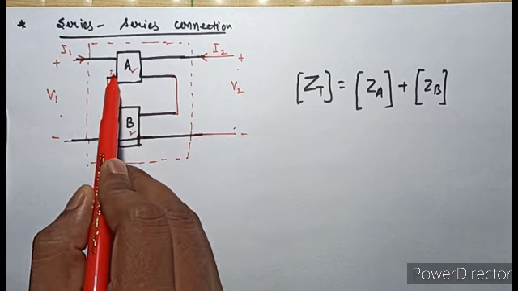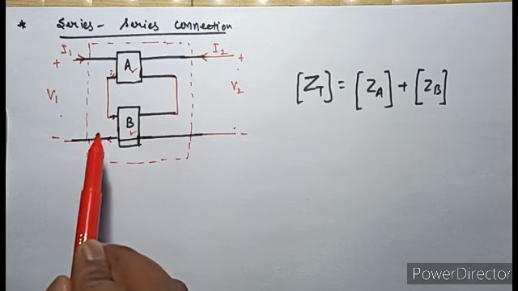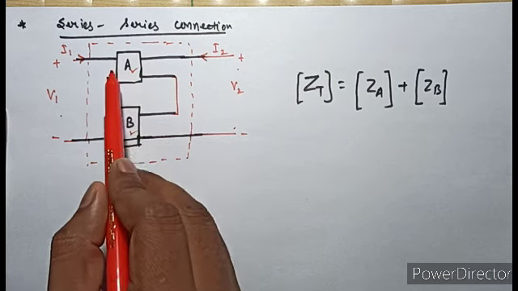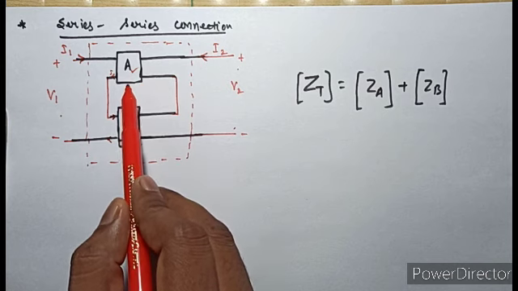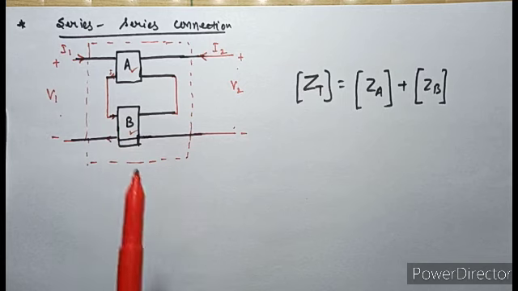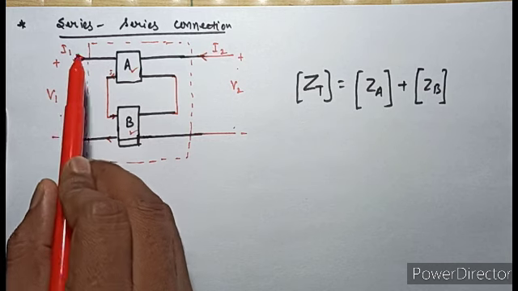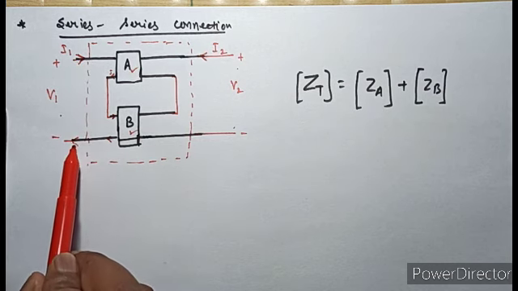Then this current will leave, and this current is leaving, then this will enter here and will leave here. So if I observe here, the net current entering this port is 0, net current entering at this port is 0, and also in the resultant network, this current I1 is entering and the same I1 is leaving.